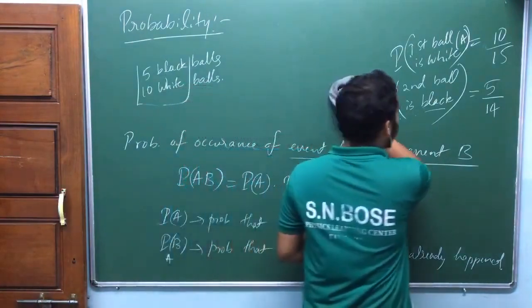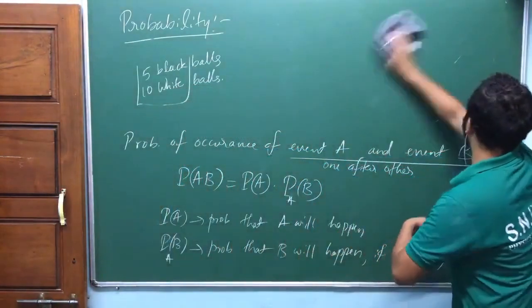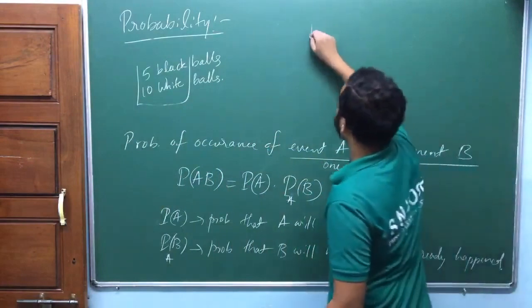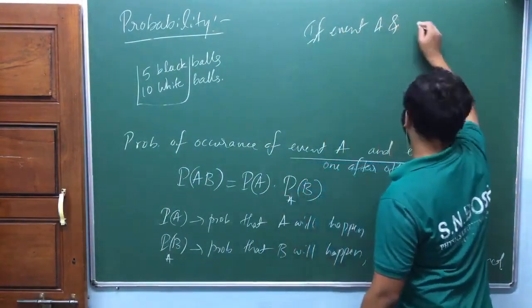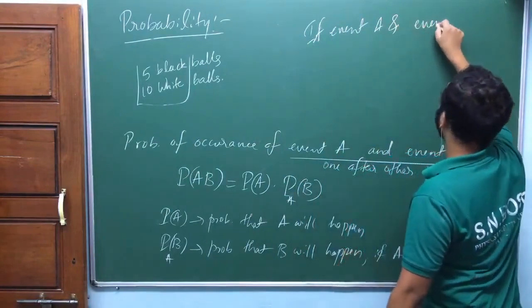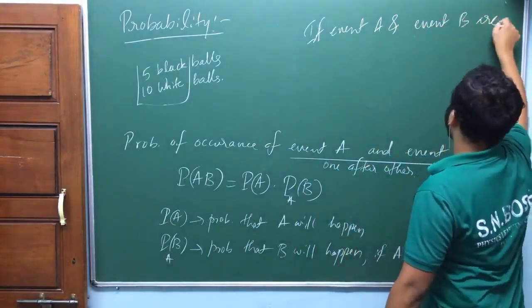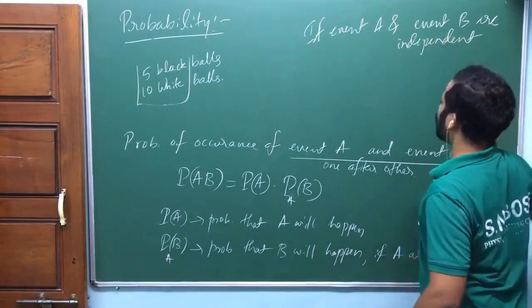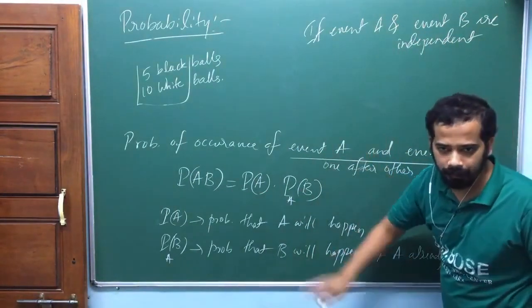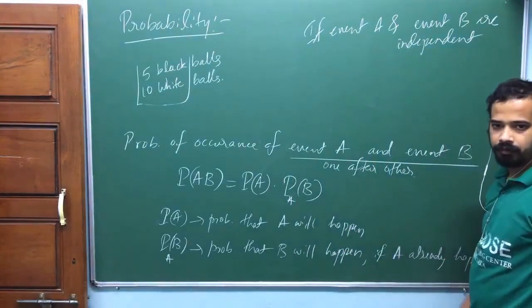If event A and event B are independent, what do you mean by independent? One is not affecting the probability of other. Is that okay?